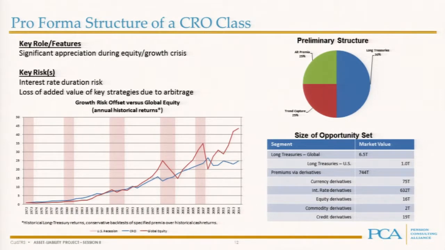So this isn't something that's just going to flitter around and do nothing. It's not going to be up 3% in a growth crisis. We would expect this class to really move in a growth crisis, to have impact. Otherwise, we wouldn't be fooling around with it. So that's an introduction.